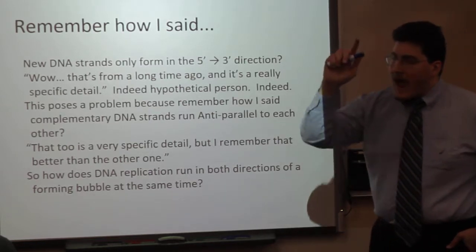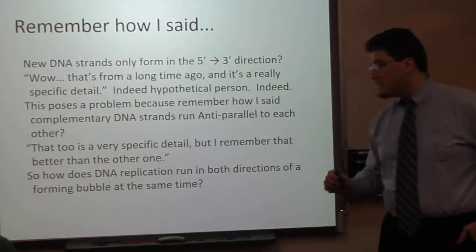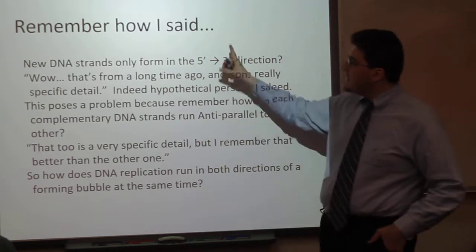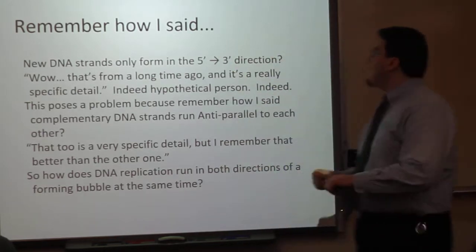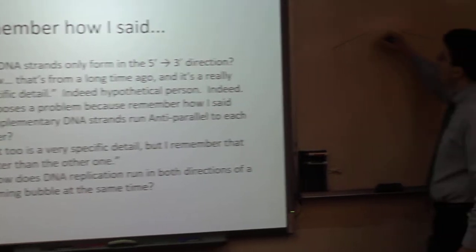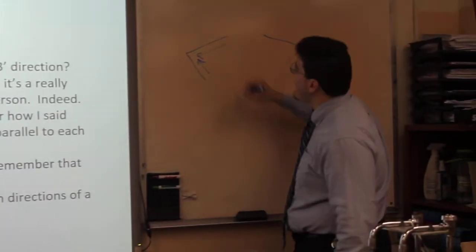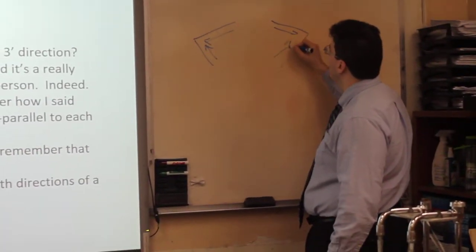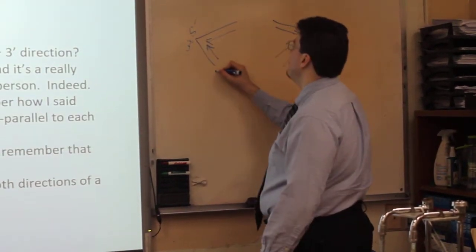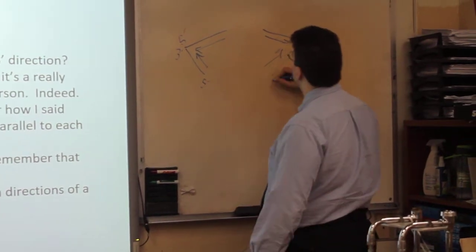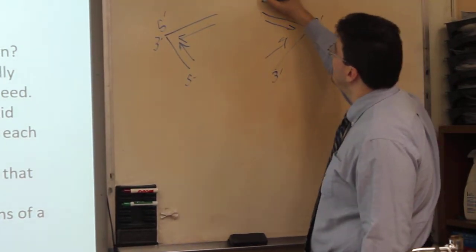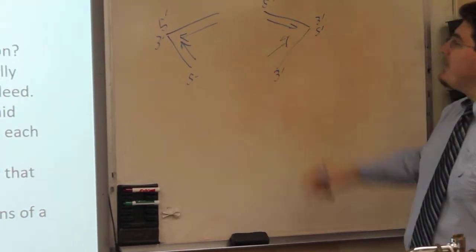So, how are we going to run DNA in both directions of a forming bubble at the same time, if they both have to run in the 5' to 3' direction? How are you going to run an opening fork both in this direction if you are moving 5', 3', 5', 5', how are you going to do this?